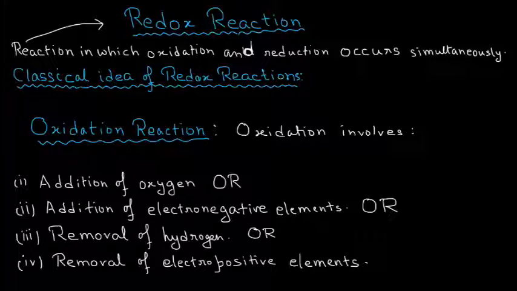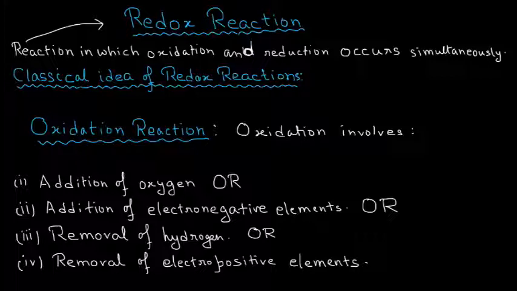From the word it is clear that addition of oxygen is called oxidation, or addition of electronegative elements is also oxidation, and opposite to that, removal of hydrogen is oxidation and removal of electropositive elements is also oxidation.